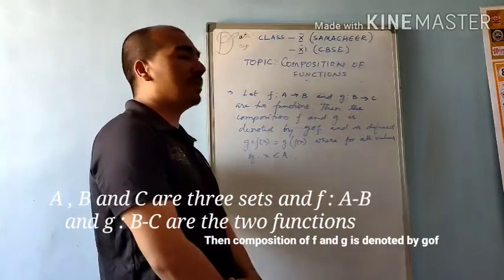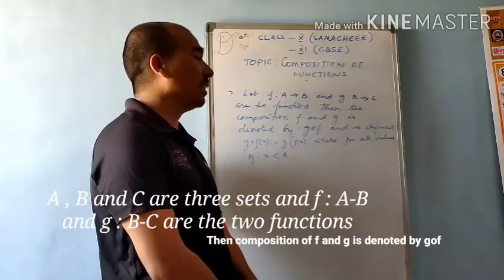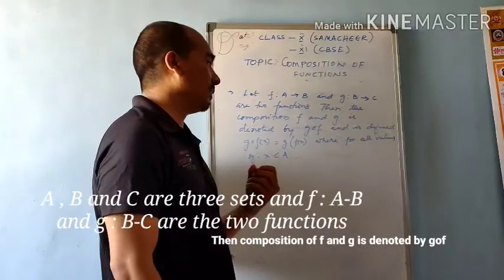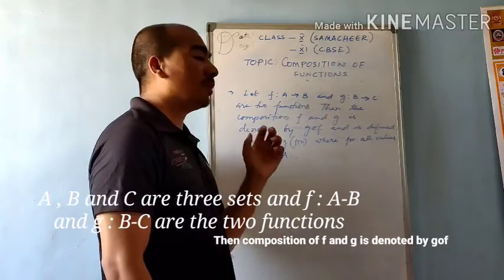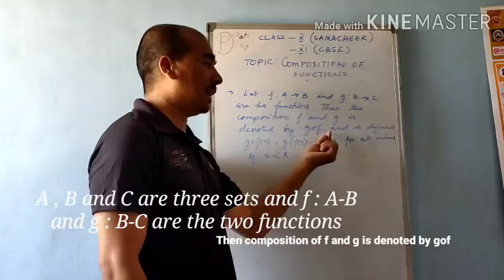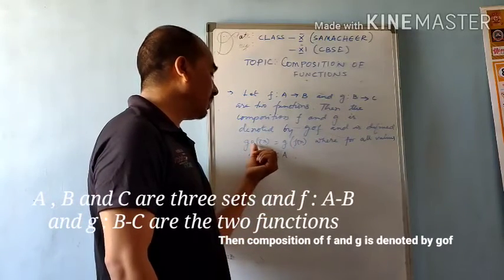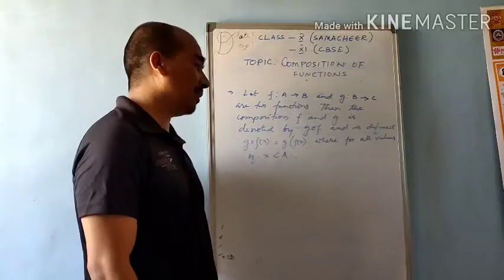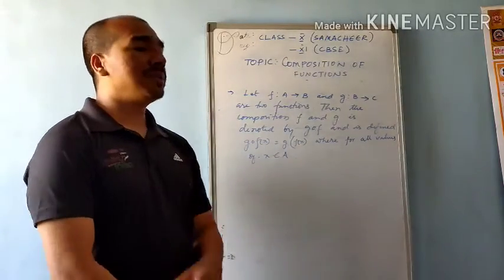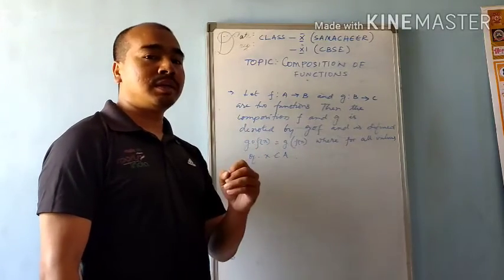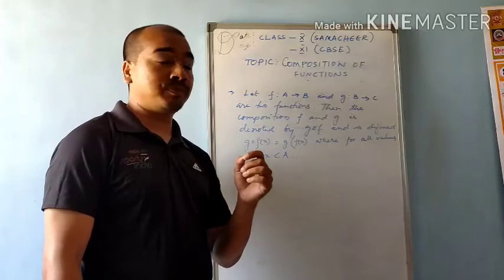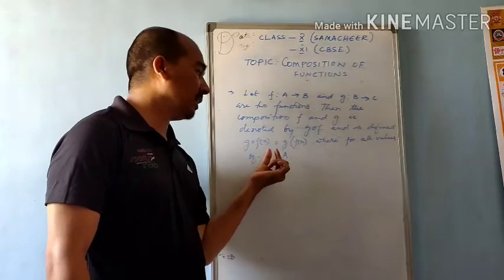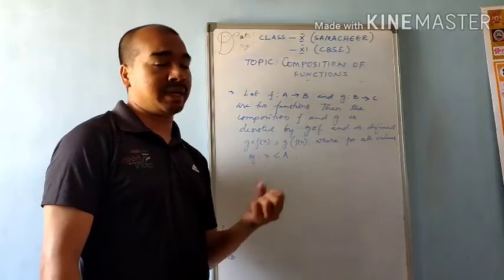First of all, you must know that A, B, C are three sets, and there are two functions: A to B is one function, B to C is another. The composition of these two functions is denoted by g o f and is defined as (g o f)(x) = g(f(x)), for all x belonging to A. As in the example, the first input should be from A. If I feed this x into function f, we get f of x.